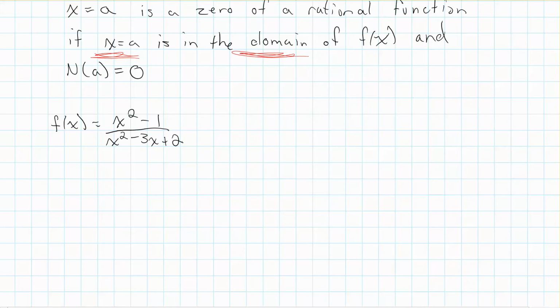Now, I'm going to go ahead and just recall what the domain was. We did this problem earlier in this video. So the domain here was all real except x equals 1 and x equals 2.